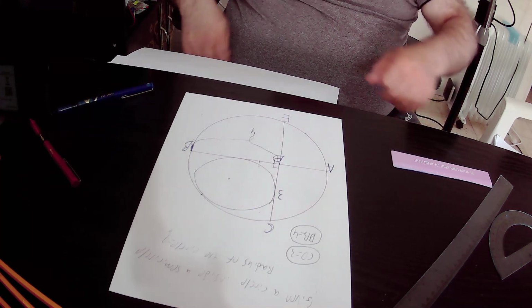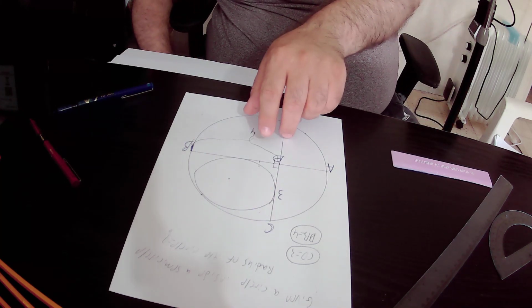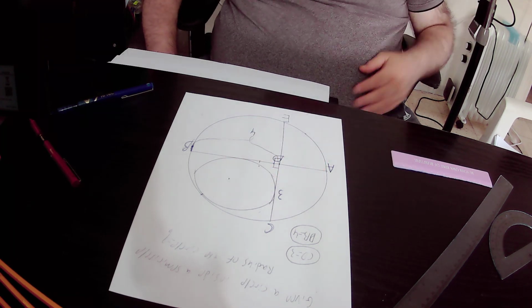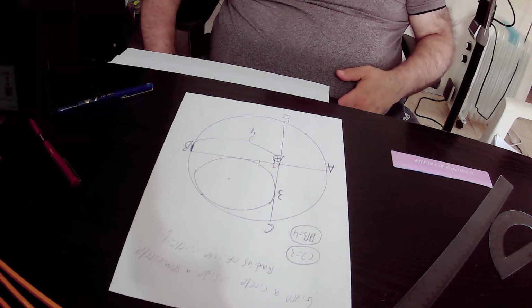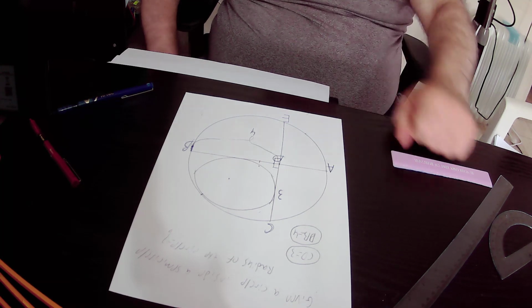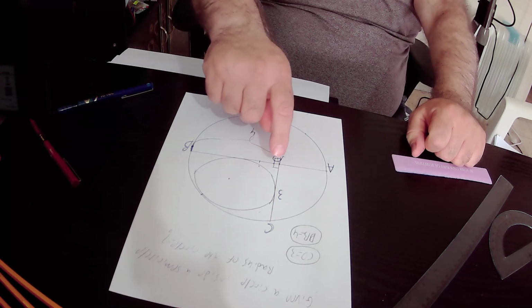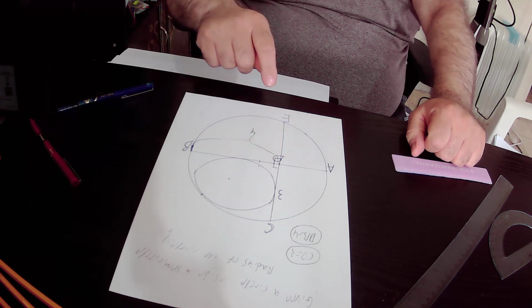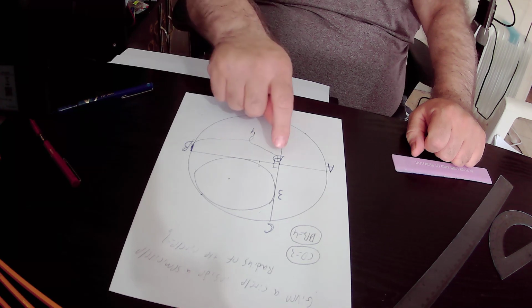I will repeat again: this new semicircle is a mirror image of this semicircle. Okay? And here we know that angle CDB equals 90 degrees, and angle EDB also equals 90 degrees.